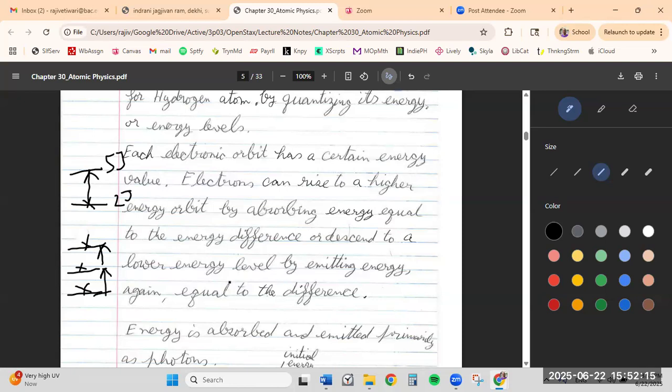And once the atom goes up to a higher energy level, it stays there for a short period of time, and then it goes back here. And when it goes back down, it emits 3 joules of excess energy. So hydrogen atom can either absorb 3 joules of energy or emit 3 joules of energy, but nothing less than that.